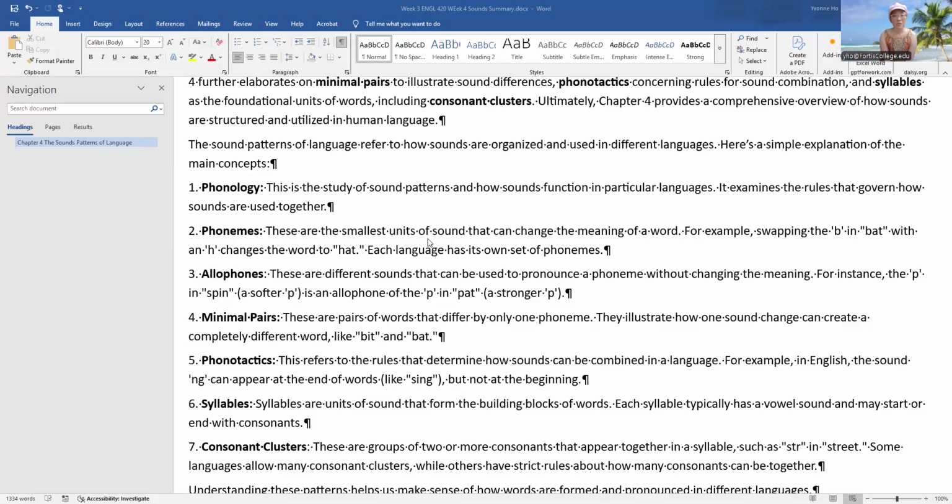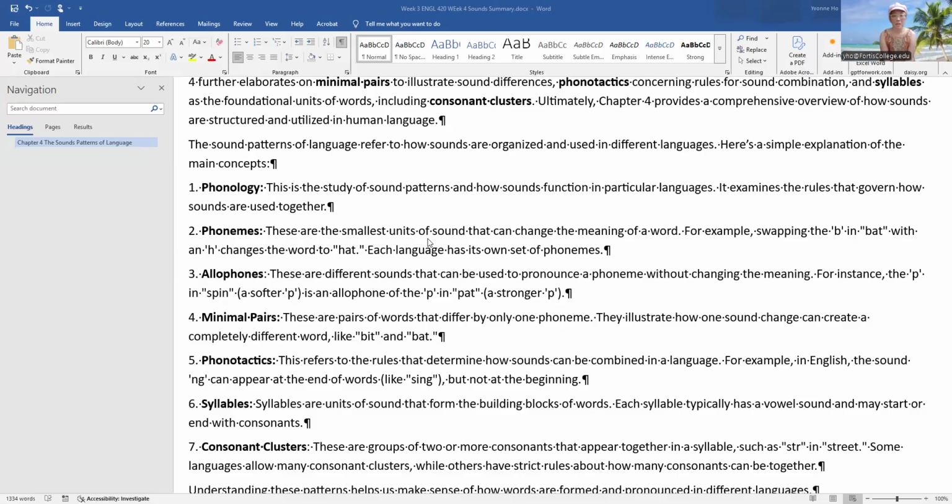And so you have two different kinds of Ps. And therefore, when you say the hard P and the soft P, it doesn't change the meaning of the word spin or pat.